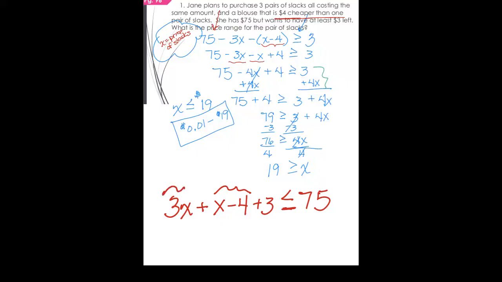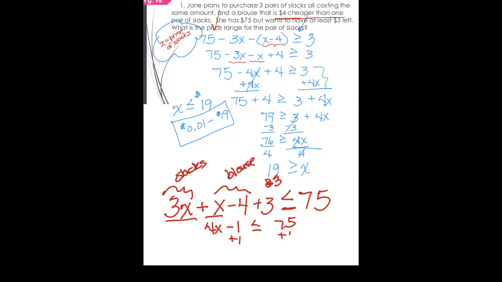But this takes care of your slacks. This takes care of the blouse. And this takes care of the $3 she wants to have out of that 75. And if you combine them, you get 4x here. Negative 4 plus 3 is going to be minus 1 here, is less than or equal to 75.